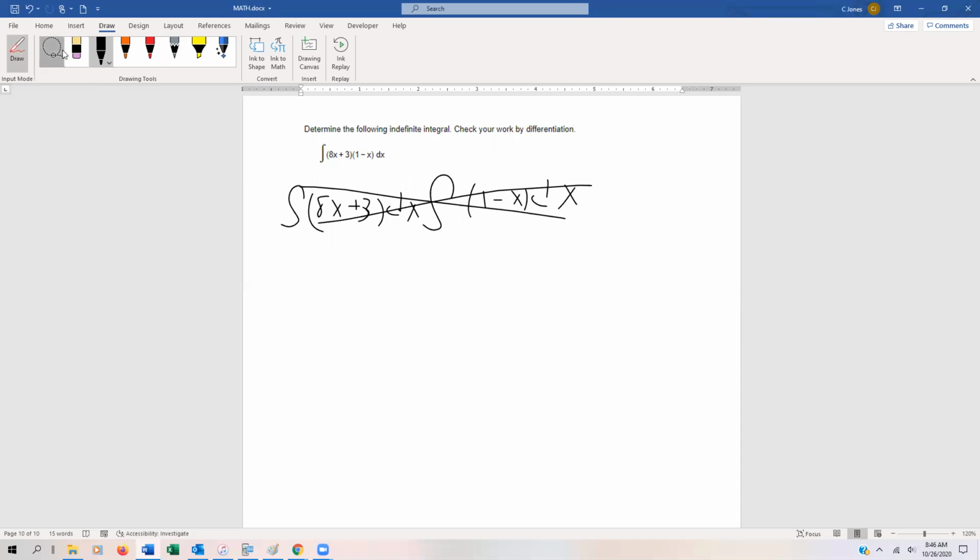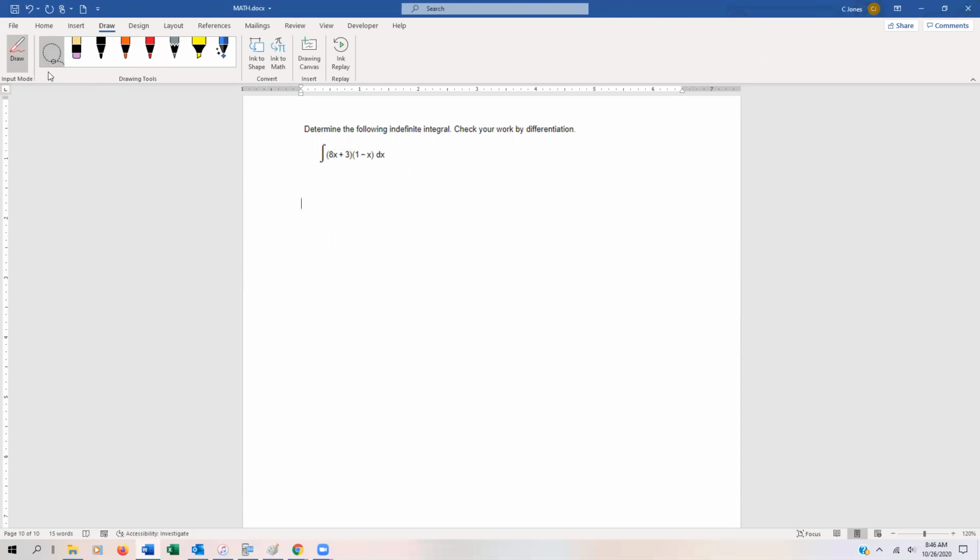So what is the correct way? Well, the correct way is to do some algebra on this first. So let's go ahead and FOIL it. I'm going to rewrite this, FOILing, as 8x minus 8x squared plus 3 minus 3x dx.